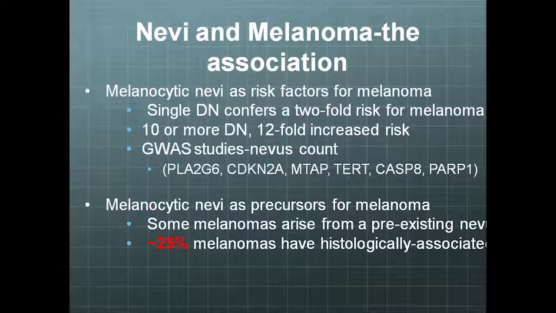So based on this information, a number of scientists have carried out GWAS, genome-wide association studies, to see if they could find a single nucleotide polymorphism that could be linked to this phenotype. We're talking about hundreds of patients where the DNA is sequenced, and you have one group of cases with patients with lots of nevi, dysplastic nevi, and patients with not very many nevi.